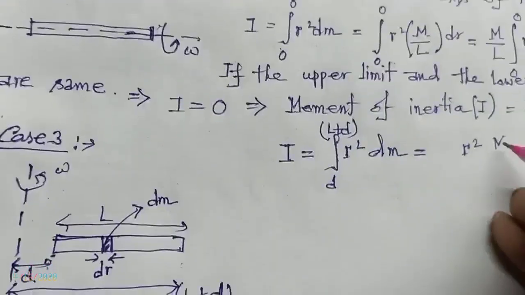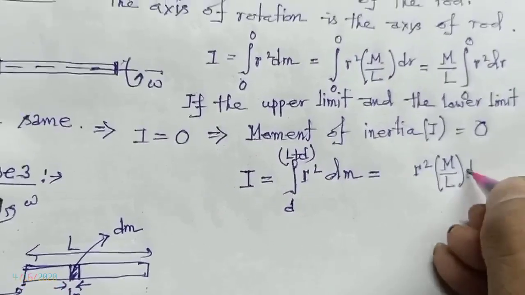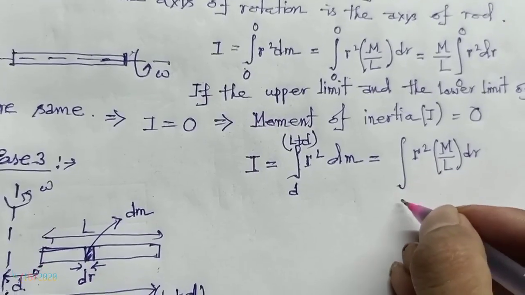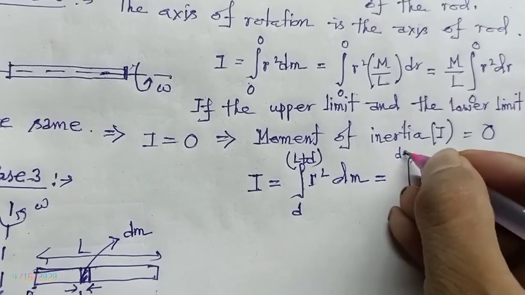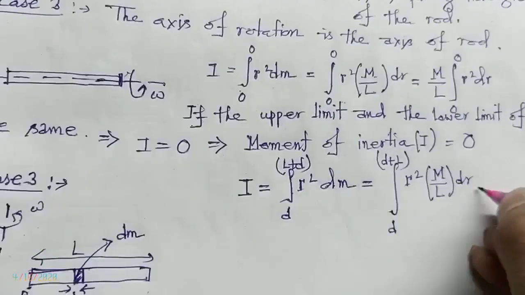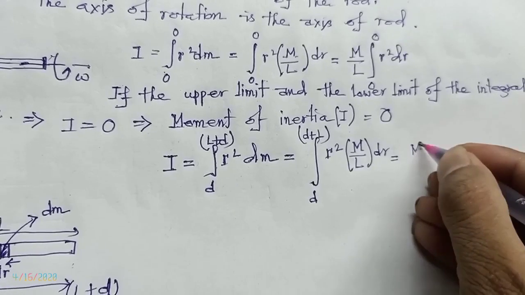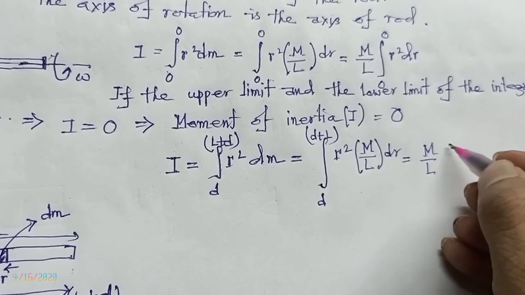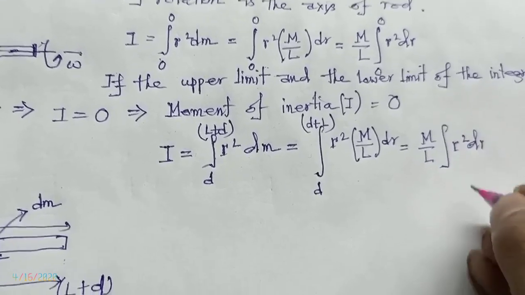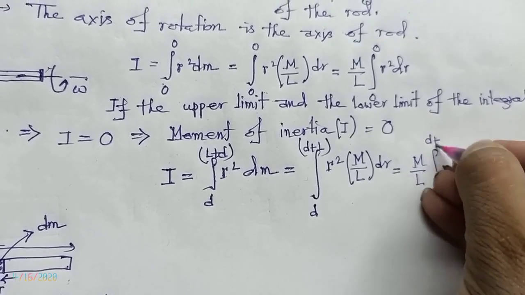So dm is equal to m divided by l into dr. Now we have to integrate this from the limit d to d plus l. So our moment of inertia becomes m divided by l into integration of r square dr, and its lower limit is d, upper limit is d plus l.